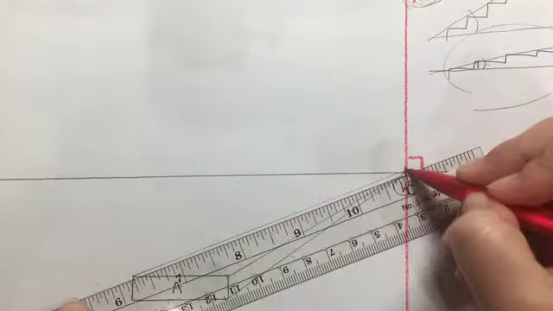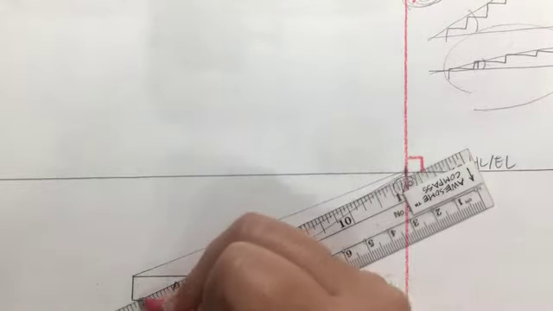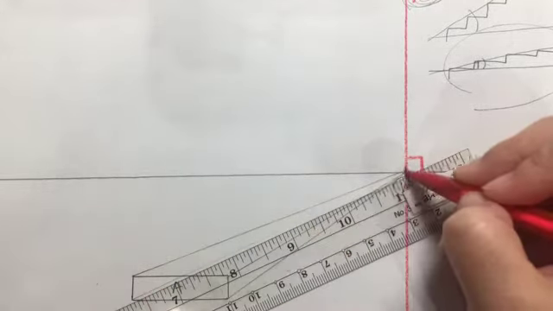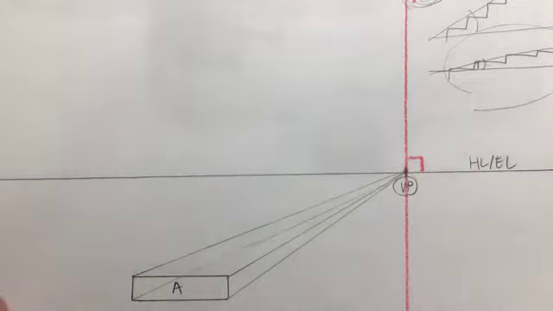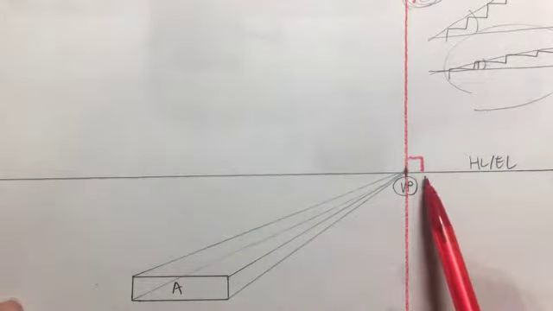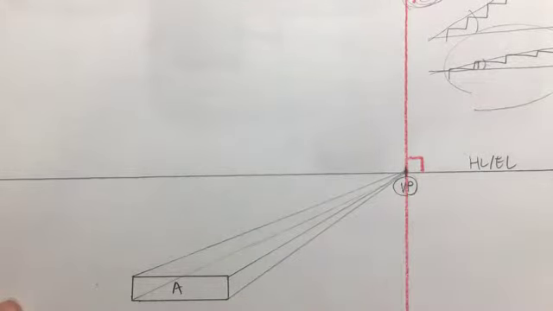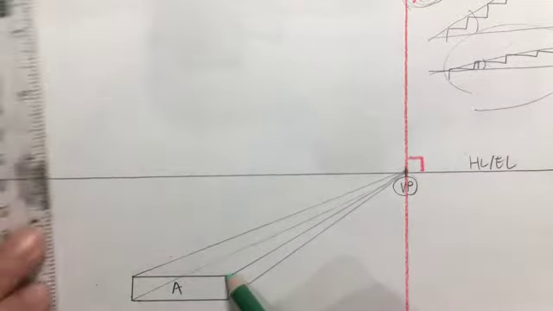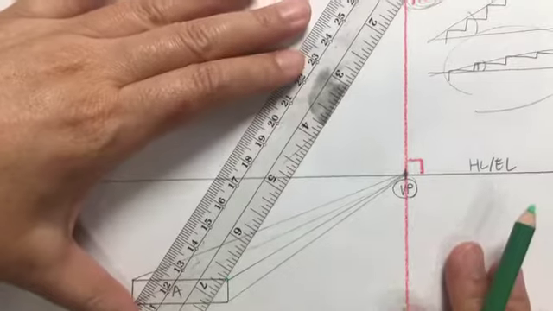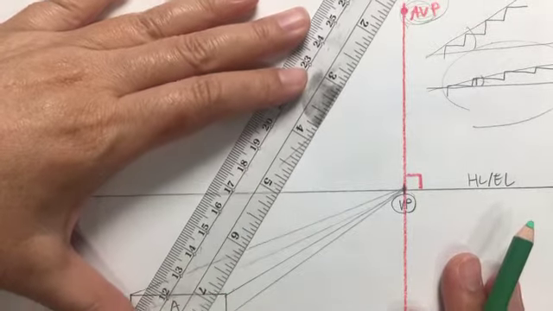Okay, so this is the area that is horizontal and then the vertical. So I have two sets going towards the VP, and then you have to use two sets of lines going towards the vanishing point, right?